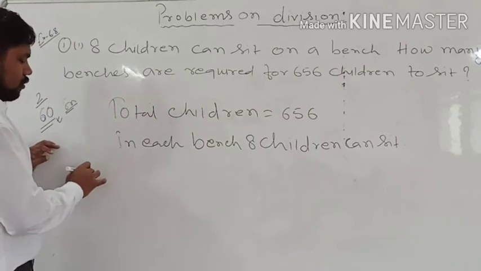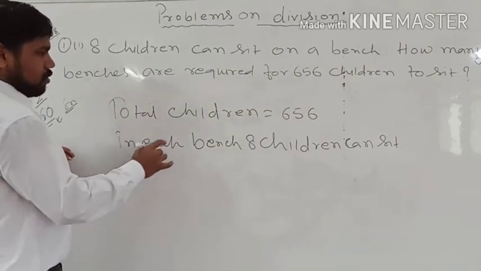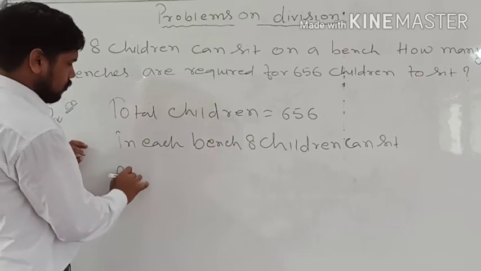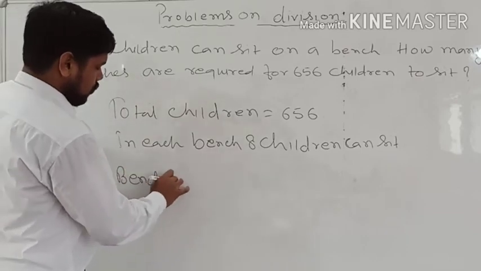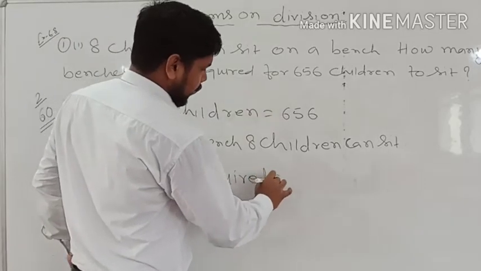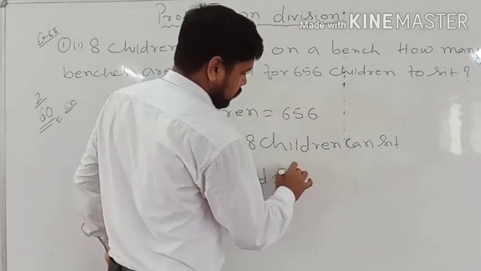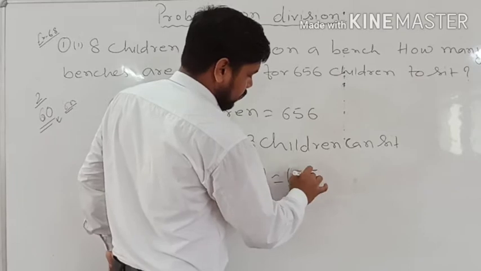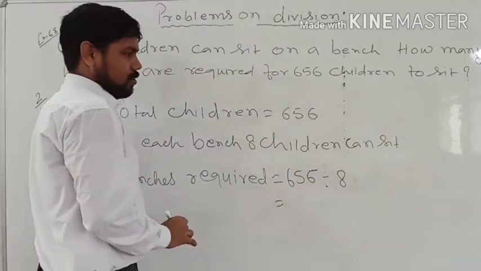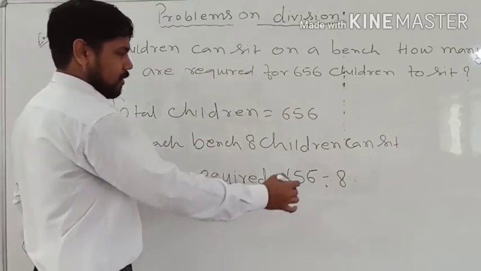So therefore total benches required you have to find out. So therefore benches required is equal to 656 divided by 8, and now you have to divide this here only.